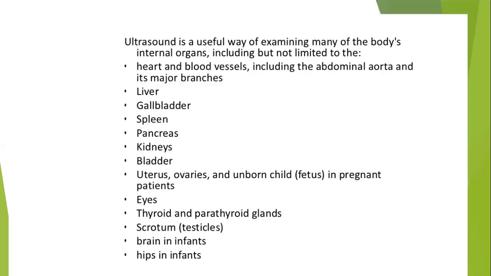So an ultrasound is a useful way of examining a lot of the body's internal organs, including but not limited to the heart, blood vessels, including the abdominal aorta and its major branches: the liver, gallbladder, spleen, pancreas, kidneys, bladder, uterus, ovaries, an unborn child, which is a fetus, right?